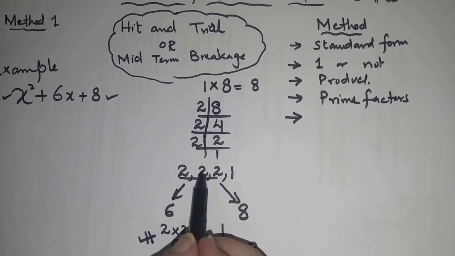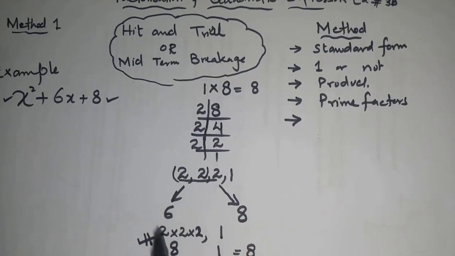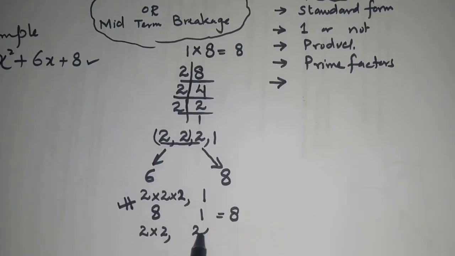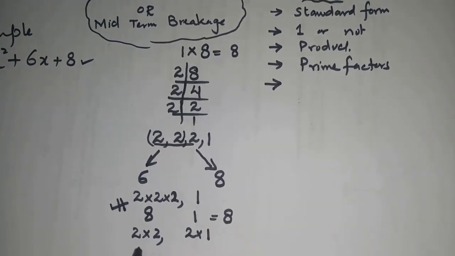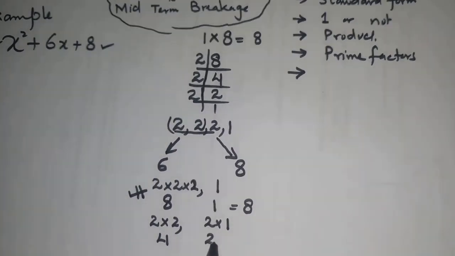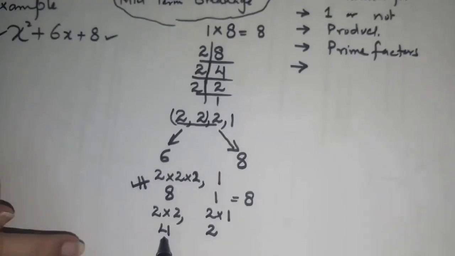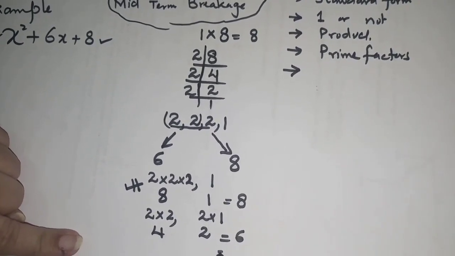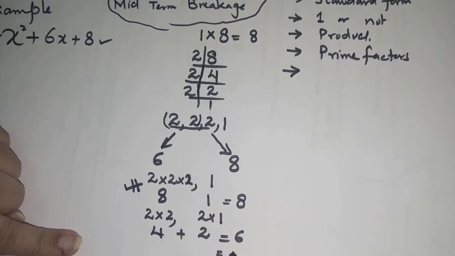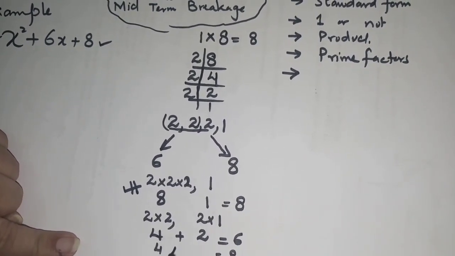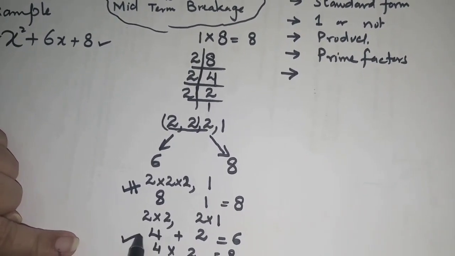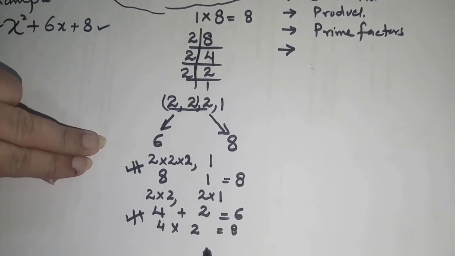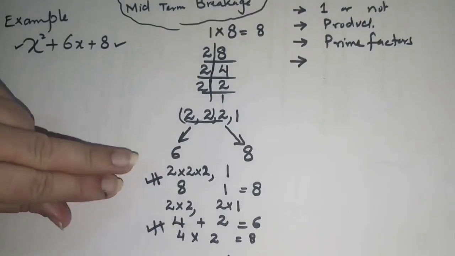Now if I take these 2's together, 2 multiplied by 2 and 2 multiplied by 1, okay, 4 and 2. When I add 4 with 2, my answer comes 6, and when I multiply 4 by 2, my answer is 8. This is the suitable choice. Through this discussion, I hope you can understand why this method is called hit and trial.